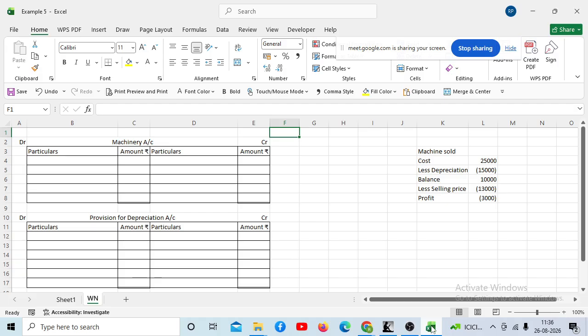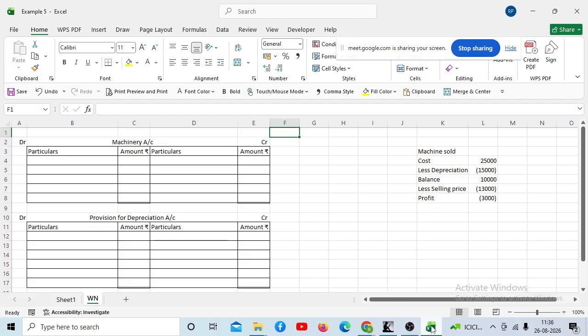First column heading: normal balance, increase, decrease. Okay, written.